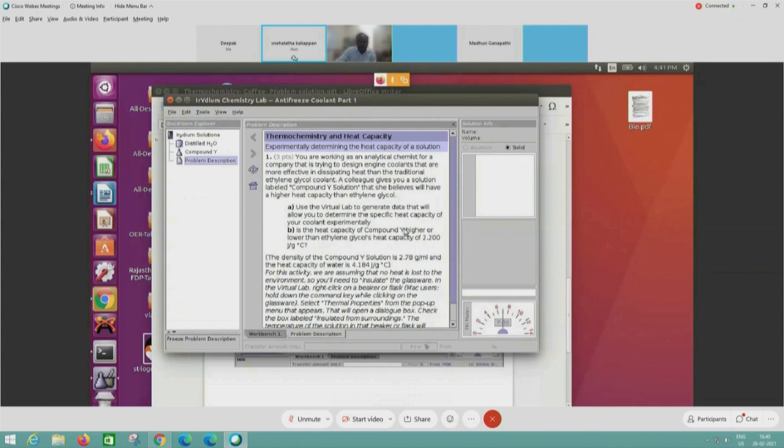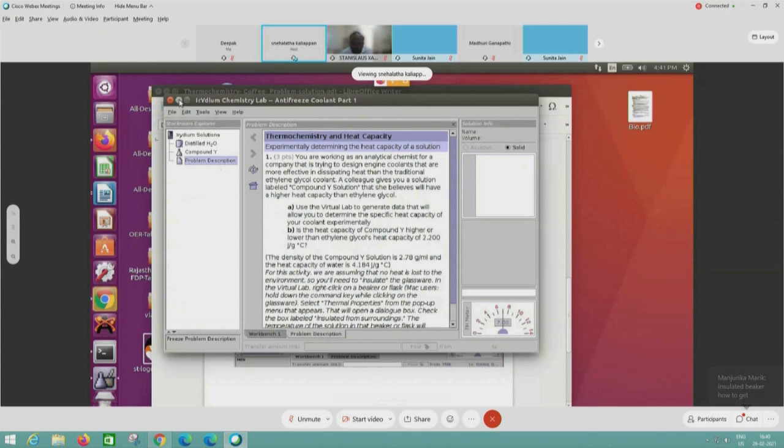They have given the ethylene glycol's heat capacity as 2.2 joules per gram per degree centigrade, and we need to find out if the compound Y is more or less than ethylene glycol.